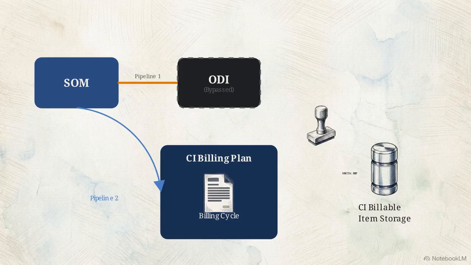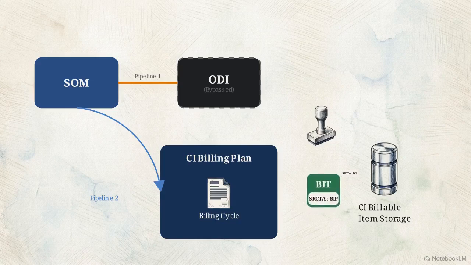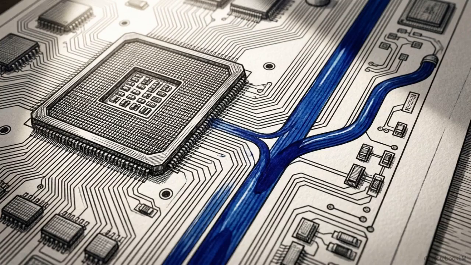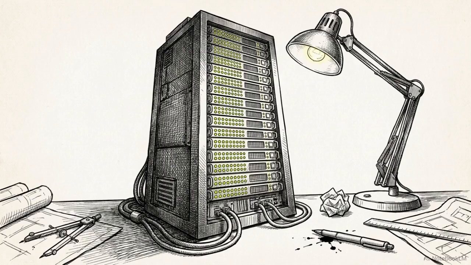To differentiate these items, the system tags them in the Source Transaction Type field, or SRCTA, with the specific identifier BIP. Routing these fees through the CI billing plan decouples basic cyclical charges from convergent charging. This preserves convergent charging's processing power exclusively for actual usage rating.